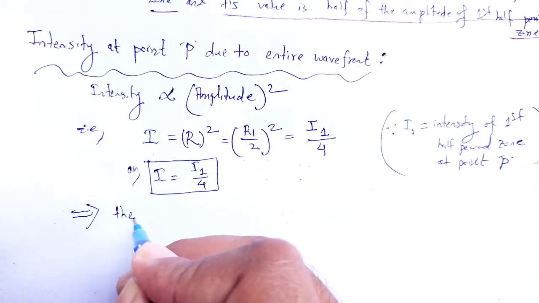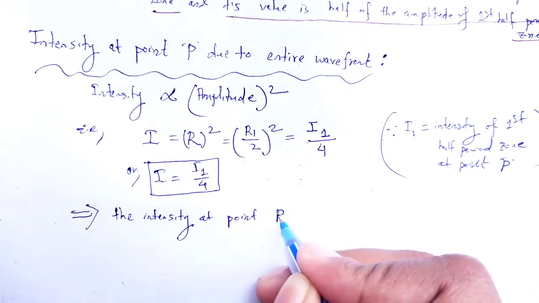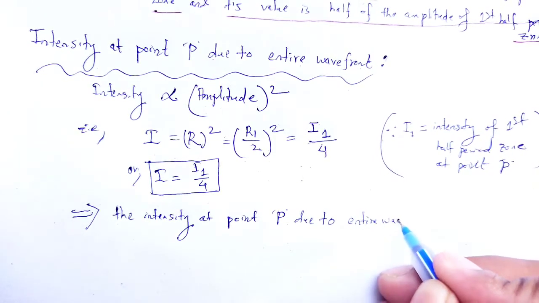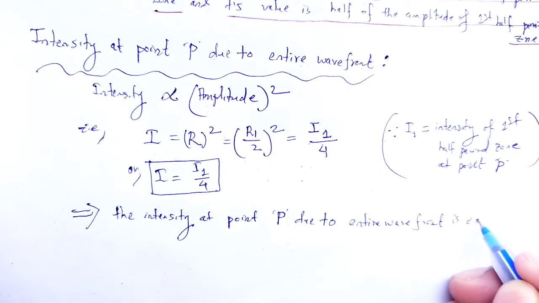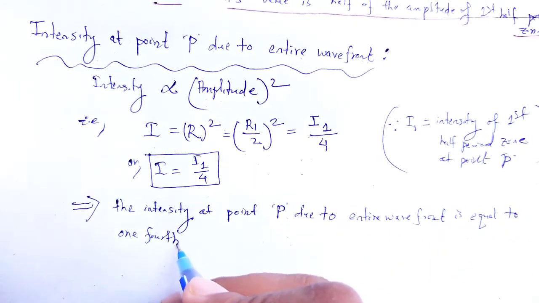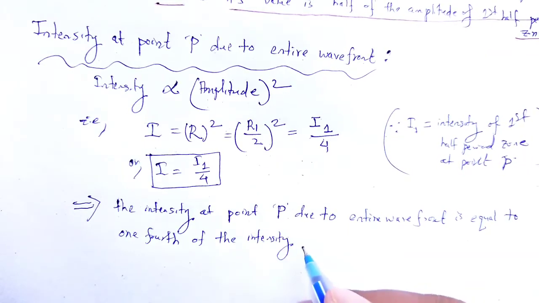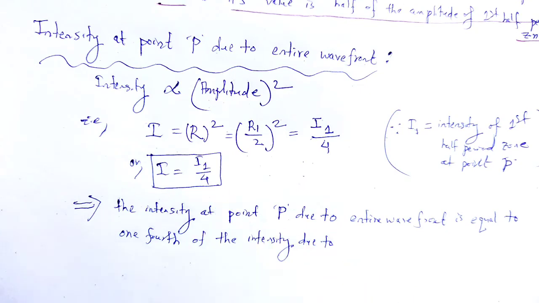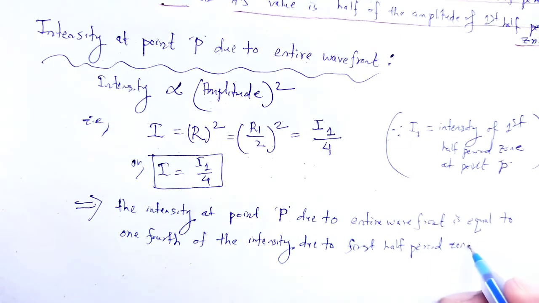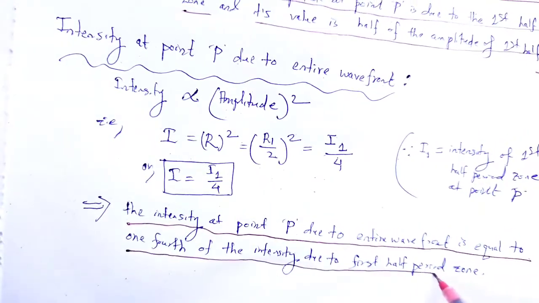Thus, the intensity at point P due to the entire wavefront is equal to 1/4 of the intensity due to the first half period zone.